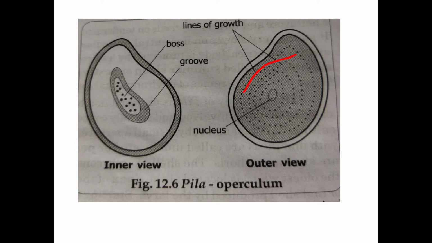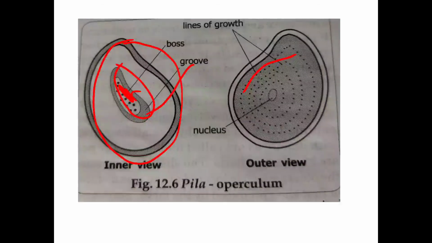On the inner surface of the operculum there is an elliptical area called the boss, and this elliptical area is surrounded by a groove. Many opercular muscles are attached to the boss, the inner elliptical area.